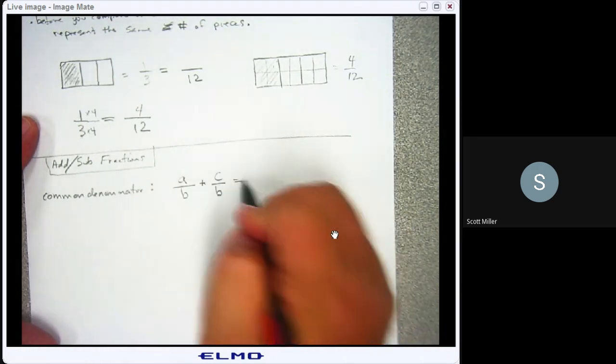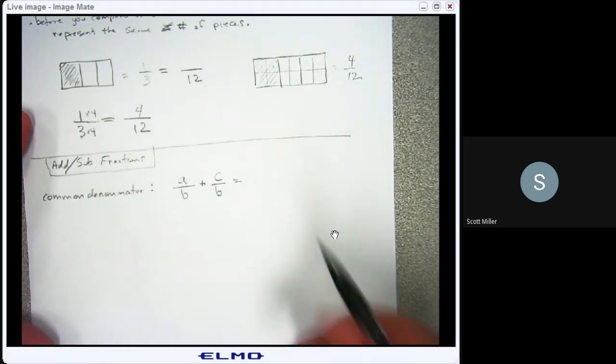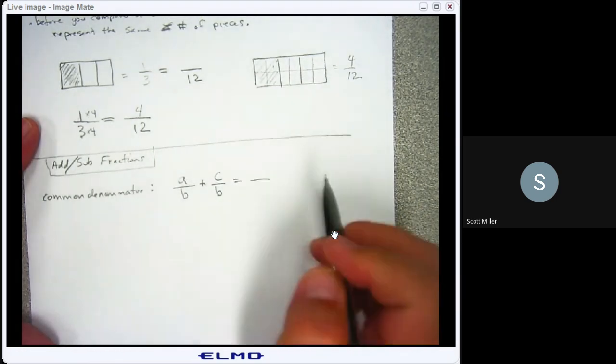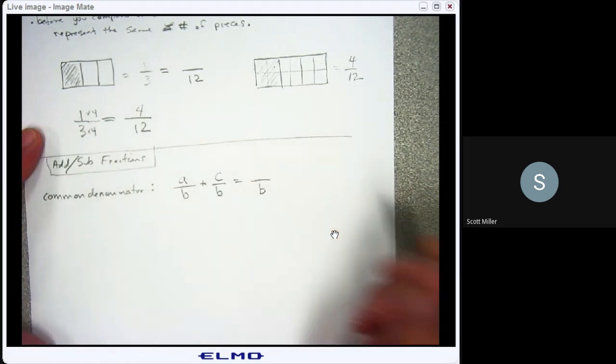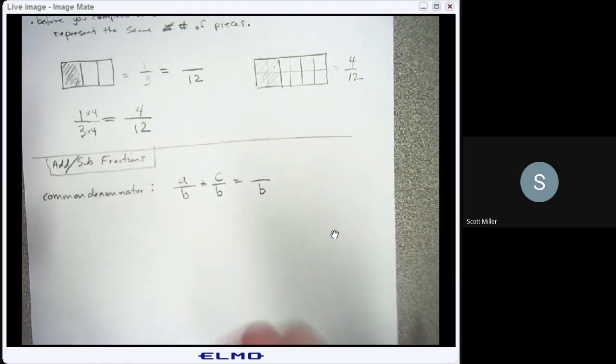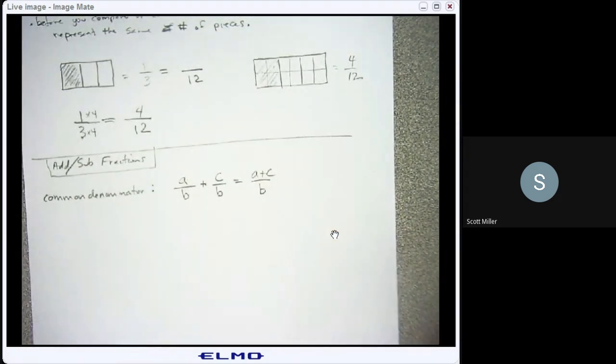So when I add them, the only thing I add is the top numbers. You're not changing the type of slice you have. So the slice name stays the same. It's still cut into that size of a slice. But now I have this many of them. You just add the top numbers or subtract the top numbers.